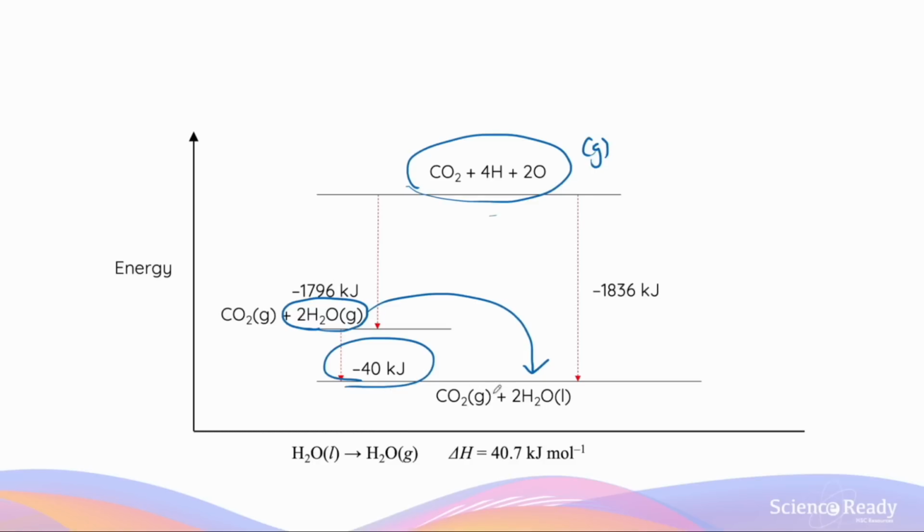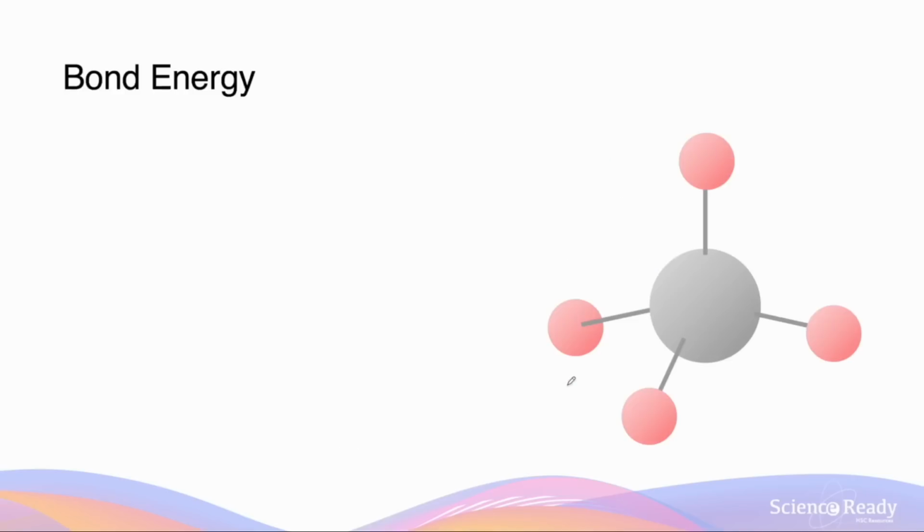Now, as you can see, this is the reason why there is a discrepancy between the actual measured value and the value that we calculated. This can be mostly accounted for by the energy that will be released during the formation of water in the liquid state.